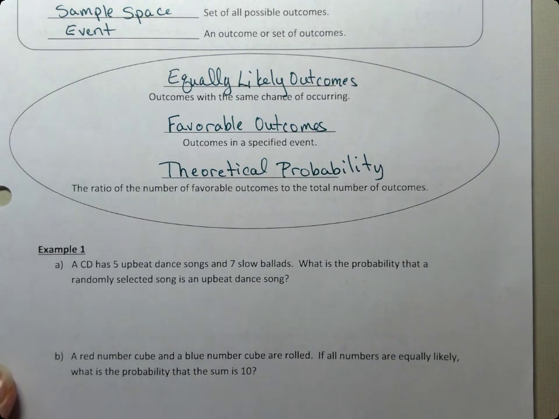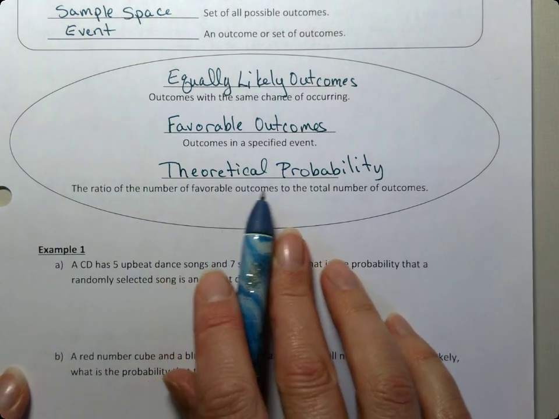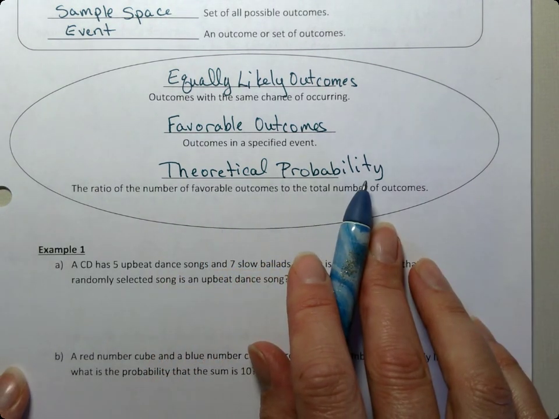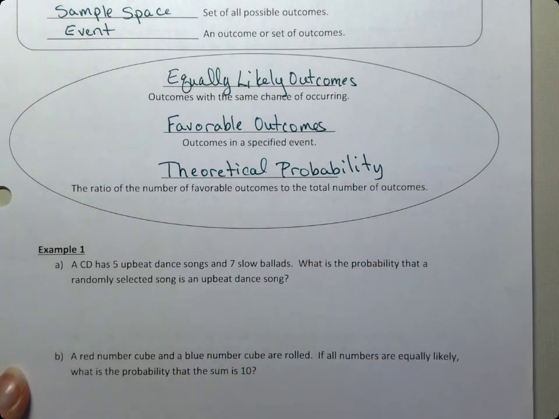In theory, it should be a 1 out of 6 chance of getting a 1 and a 1 out of 6 chance of getting a 2. But is that going to happen if we do an experiment? Probably not. So theoretical probability is what should happen. And the more we do the experiment, the closer we'll get to theoretical probability.